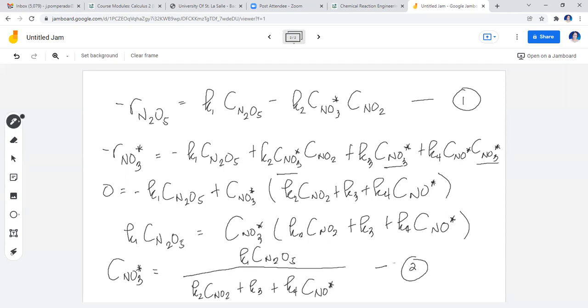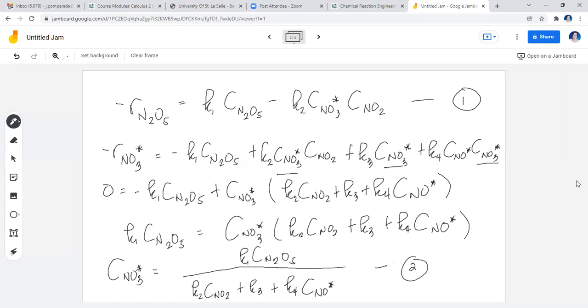Now, before we even think of substituting this concentration of NO3 asterisk in equation 1, you will notice that there's another concentration term here, which is that of another intermediate, nitrogen oxide. So before you substitute it here, make sure that you replace this first with another expression.